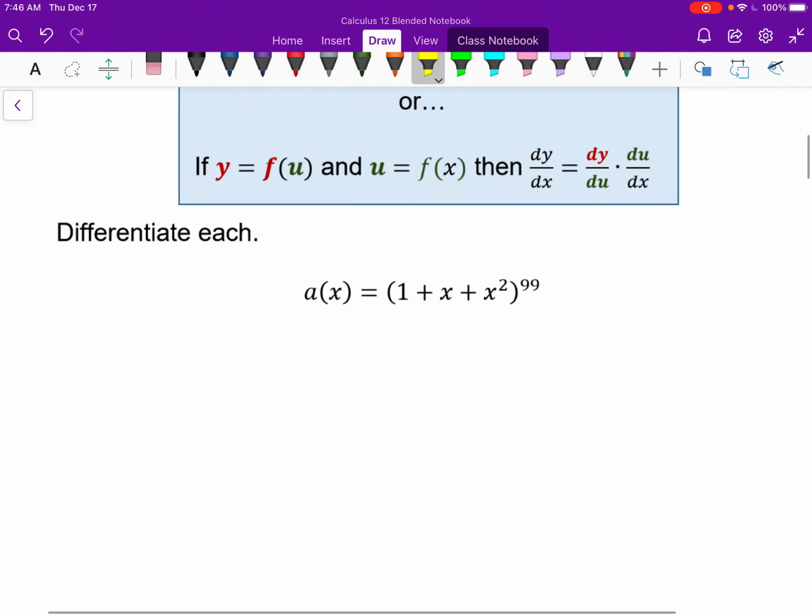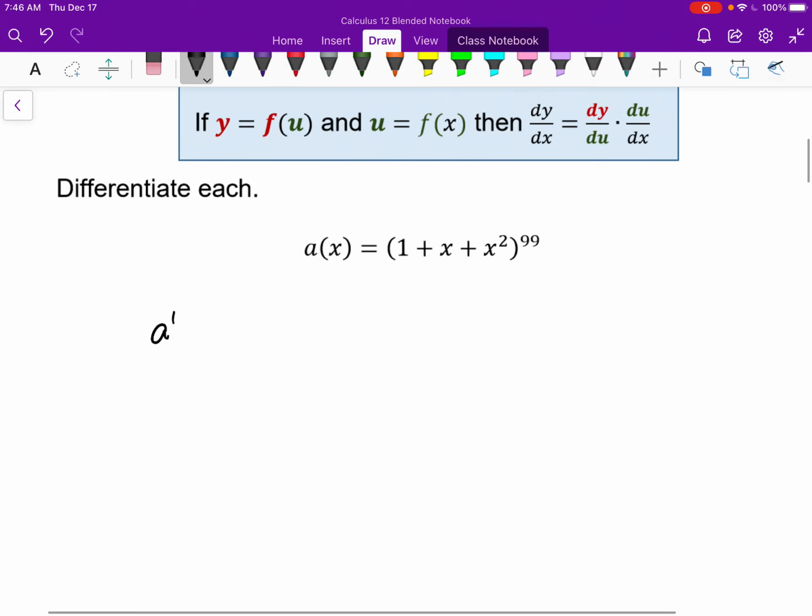So I want to differentiate this: a of x equals 1 plus x squared, all to the power of 99. And one way of looking at this is a quadratic function inside a polynomial function of degree 99. So the first thing I want to do if I want to differentiate this is think about what's the outside function. And the outside function is this polynomial of degree 99.